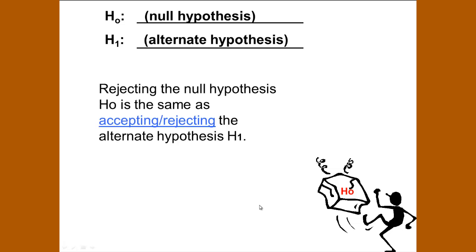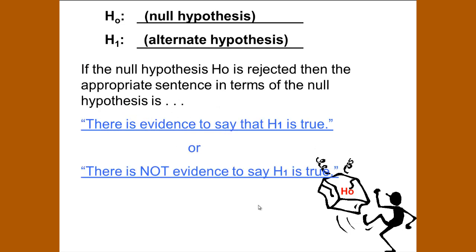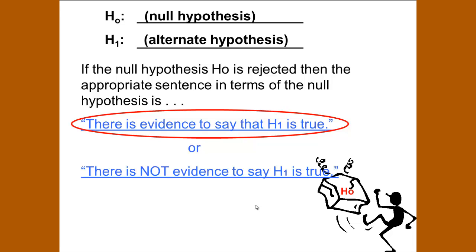Rejecting the null hypothesis, H0, is the same as accepting the alternate hypothesis, H1. If the null hypothesis H0 is rejected, then the appropriate sentence in terms of the null hypothesis is, there is evidence to say that H1 is true.